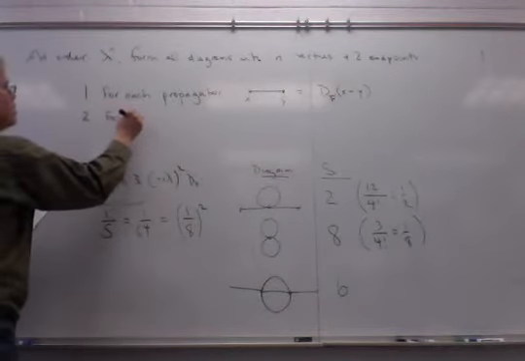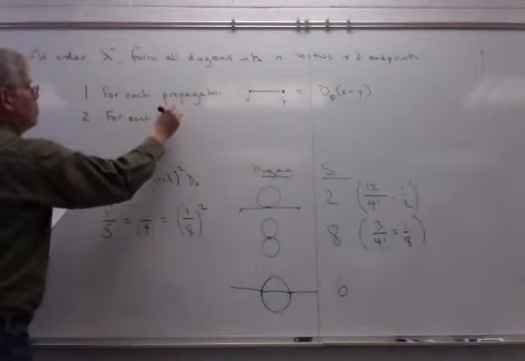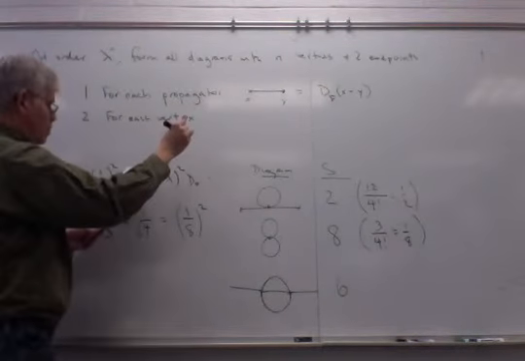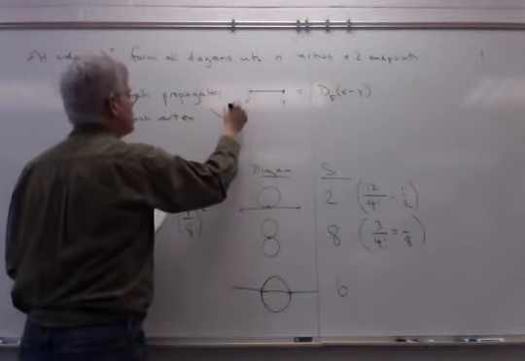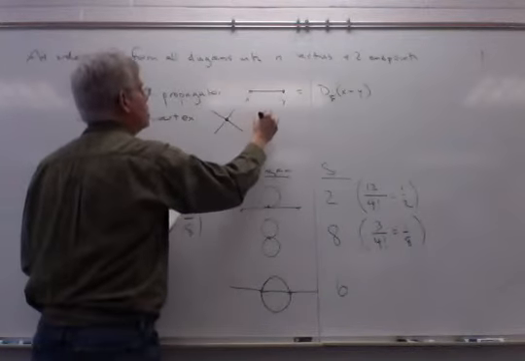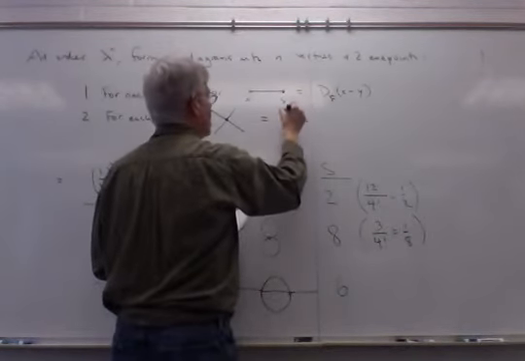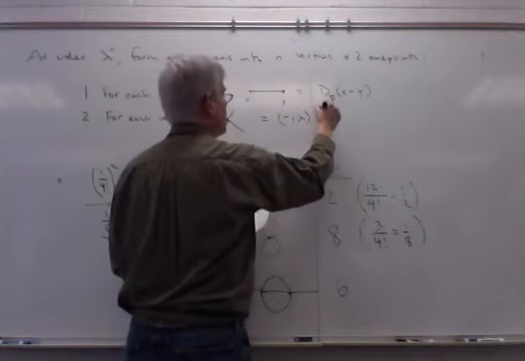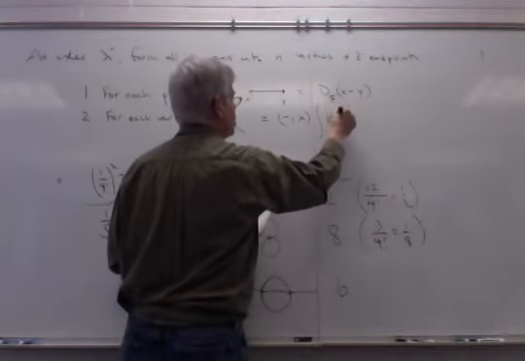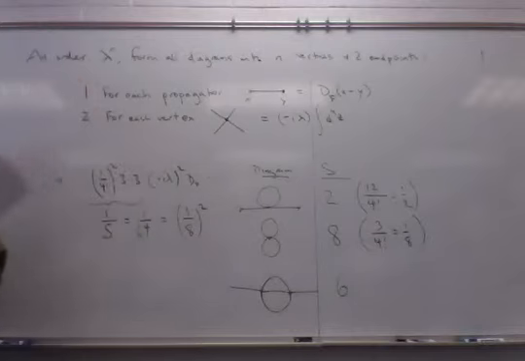For each vertex, which looks like this, we associate a factor of minus i lambda times the integral d^4 z. I'm not including the 4 factorial and put all the numerical factors together at the end.